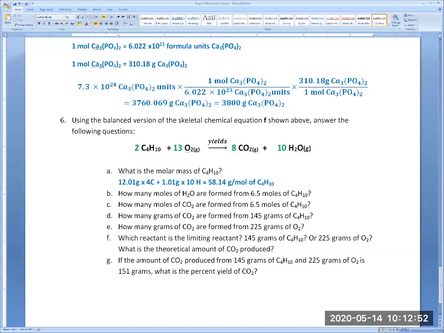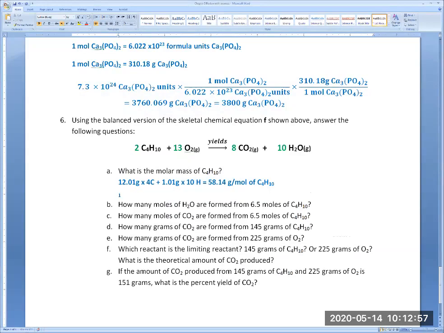So it's in units of grams per mole. Another way to write this is that 1 mole of C4H10 equals 58.14 grams of C4H10, right?